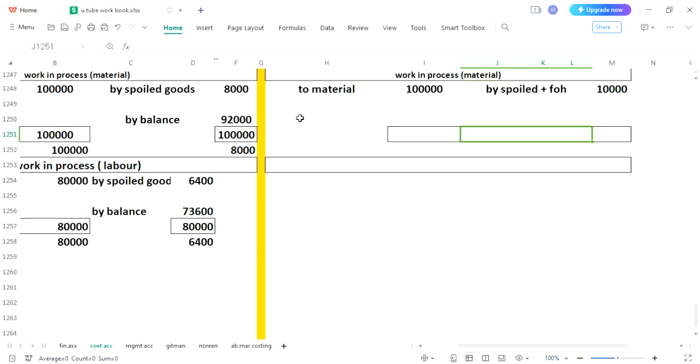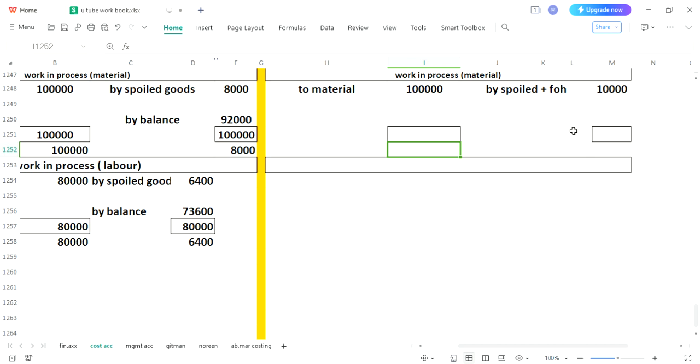Okay, amounts are completed since there were only two entries having work in process material, of which we are making the ledger. The second step is to calculate the sum of both sides. Sum of this debit side is 1 lakh, sum of this credit side is 10,000. Then you will see the larger sum.